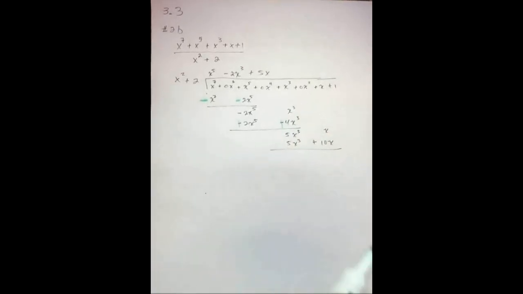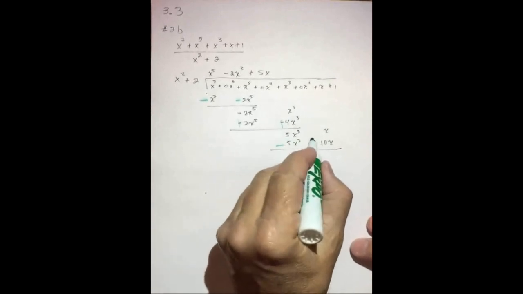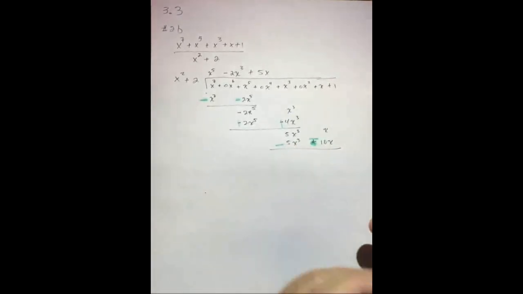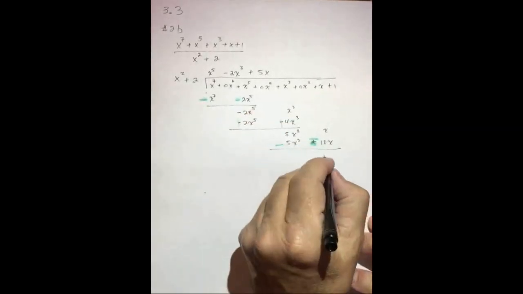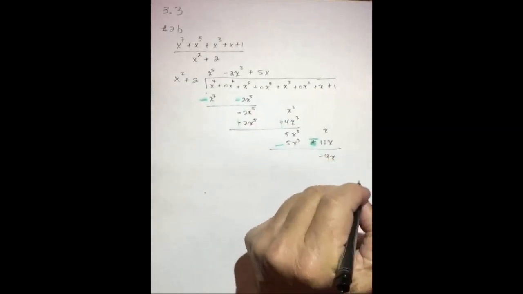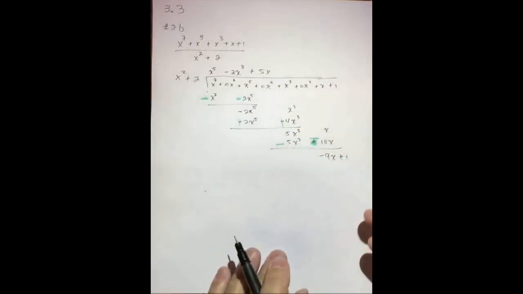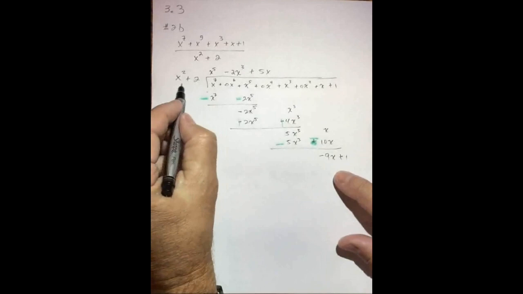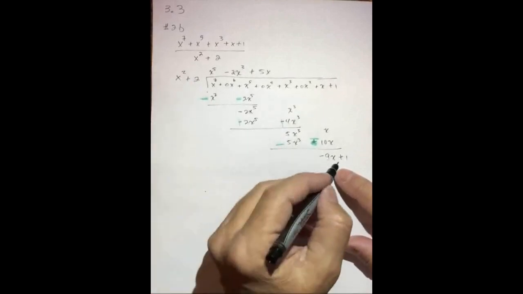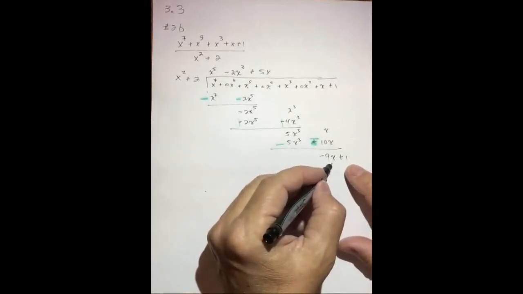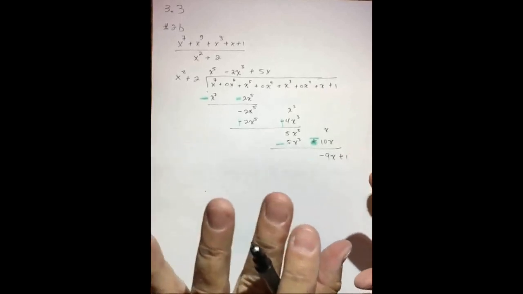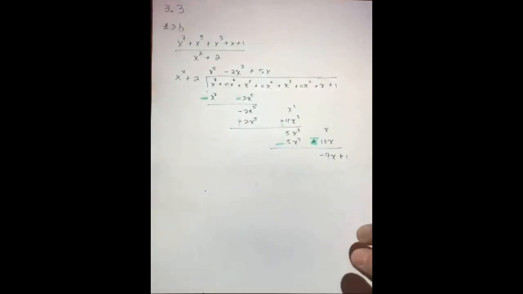Okay. We change the signs and add. This will be 0. This will be minus 9x. And then we can bring the 1 down. Now notice the divisor is a degree 2 polynomial, and I've got a remainder of degree 1. That means I'm finished. So the directions are to find the quotient and the remainder.